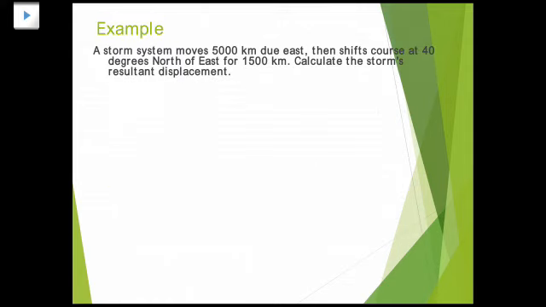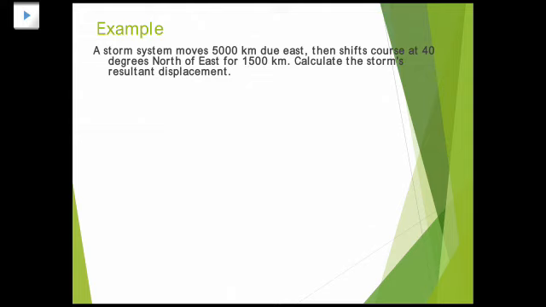Next example: a storm system moves 5,000 kilometers due east, then shifts course at 40 degrees north of east for 1,500 kilometers. Calculate the storm's resultant displacement.